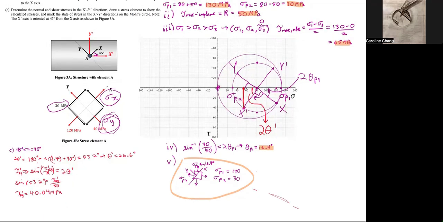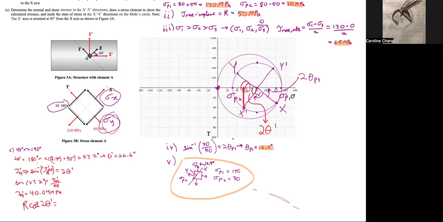So for the sigma x prime, we have to do some additional calculation. First, we have to note that our cosine of 2 theta prime is going to give us this distance over here, but it's not going to give us the location on the x-axis, or rather on the sigma axis.